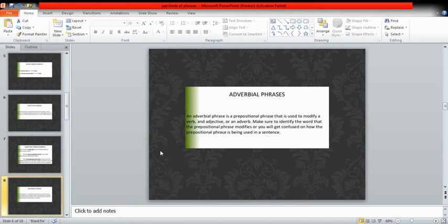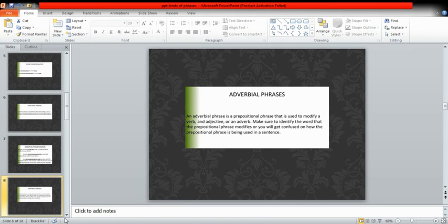Then we come to the adverb phrase. What is an adverb? First of all, we must know what an adverb is. An adverb is a word which modifies a verb, an adjective, and an adverb itself. This is what we have already discussed when we were doing the parts of speech. So, how would we recognize adverb phrases?